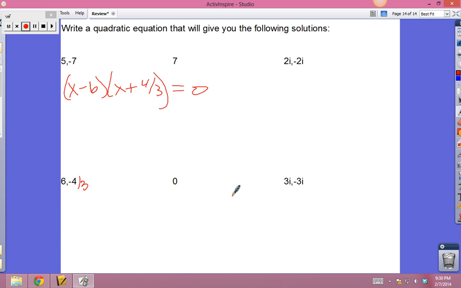Now, I'm picky about fractions, and I'm picky about irrationals. We don't like them. So we don't want any fractions to show up in my equation. So I need to de-fractionize this fraction. I need to turn it into an integer. And I can if I times it by 3.